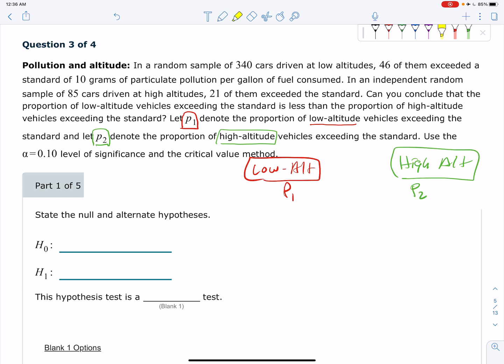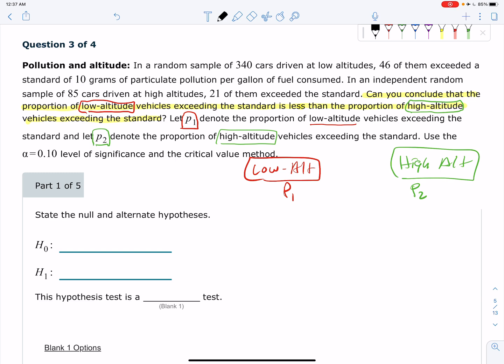And of course, we want to figure out what they would like us to conclude. There it is. Can you conclude that the proportion of low altitude vehicles that exceed the standard is less than the proportion of high altitude vehicles that exceed the standard? Low altitude vehicles we defined as P sub 1, and high altitude vehicles as P sub 2.